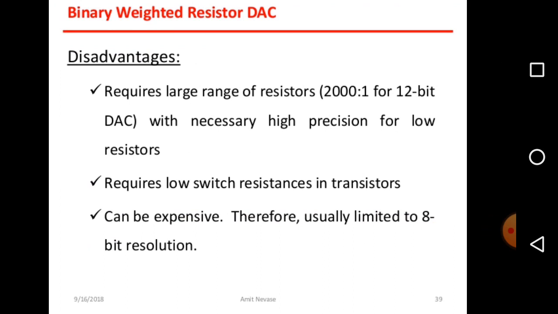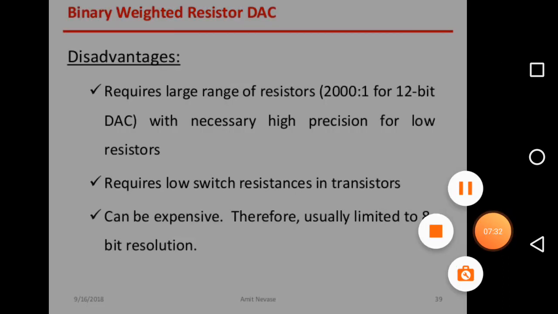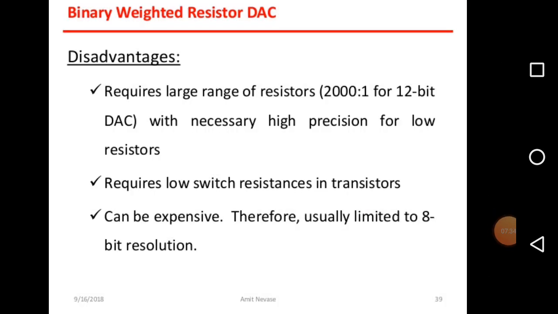It requires low switch resistances in transistors. It can be expensive, therefore usually limited to 8-bit resolution.